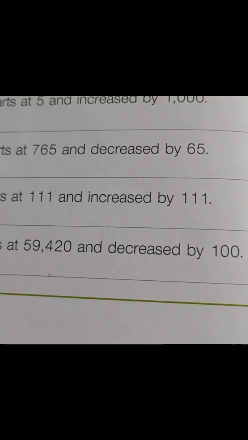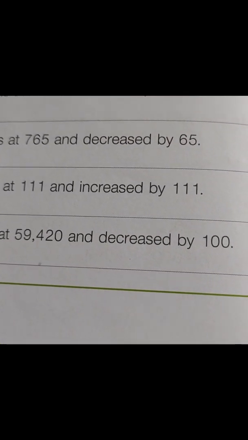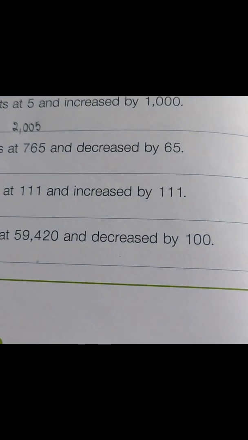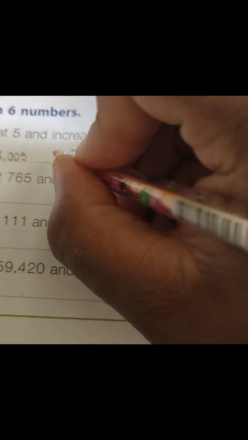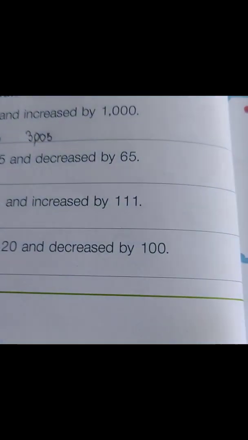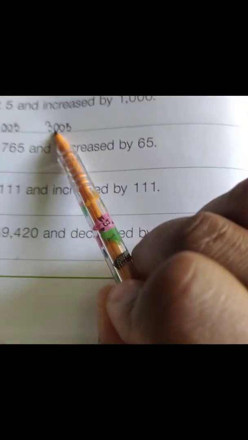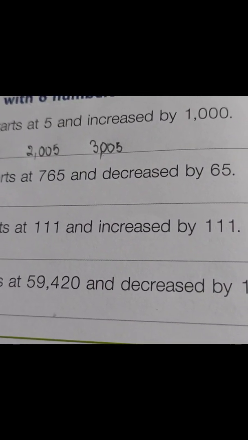We have to add another 1,000. It will give us 2,005. You have to add another 1,000. It will give us 3,005. How many numbers do we have? 1, 2, 3, 4. They ask us to do a pattern of 6 numbers, so we still have to add 2 numbers.